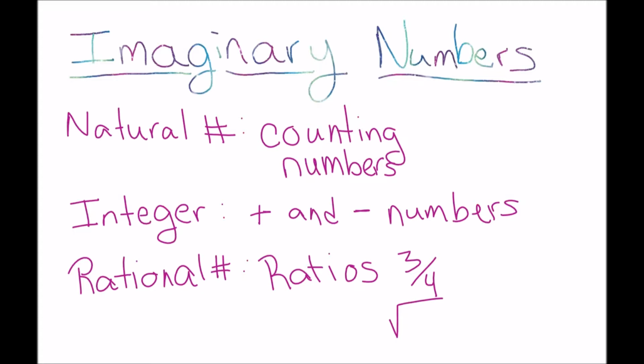Maybe it's the square root of 9/4, where both 9 and 4 give a whole number when you take the square root of them. You could take 0.27 with one of these lines above it, which means it repeats on and on forever. Or you could even have like 0.95. Okay, so those are all rational numbers.